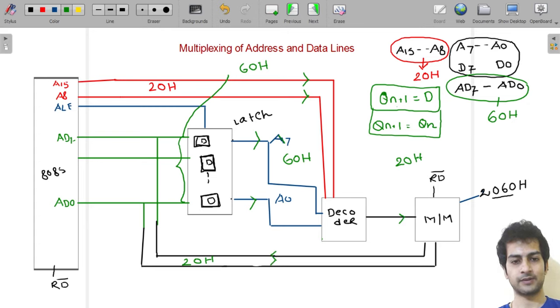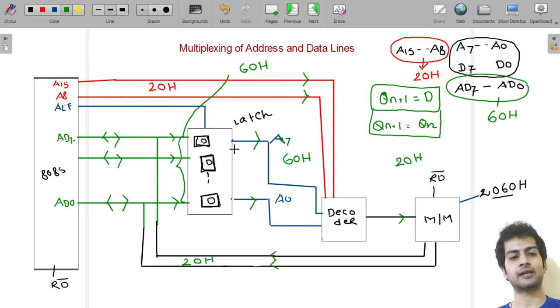This direction will be this side. Now 20H is coming and this will go inside the processor. So we can say that it is bidirectional.